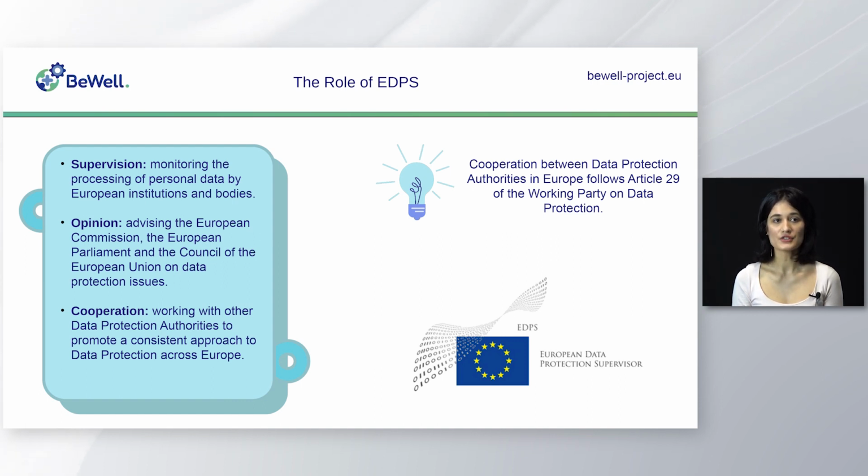Advising EU institutions and bodies on data protection matters, including the implementation of data protection policies and procedures and the handling of personal data. 3. Cooperating with national data protection authorities in the EU to ensure the consistent application of data protection regulations across the EU.